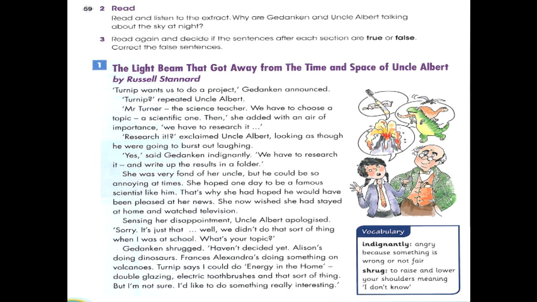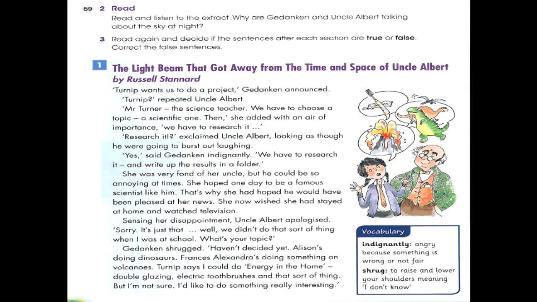We have to choose a topic, a scientific one. Then, she added with an air of importance, we have to research it. Research it? Exclaimed Uncle Albert, looking as though he were going to burst out laughing. Yes, said Gedanken indignantly. We have to research it and write up the results in a folder.